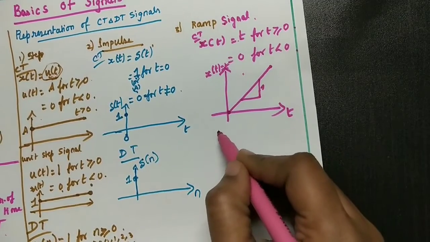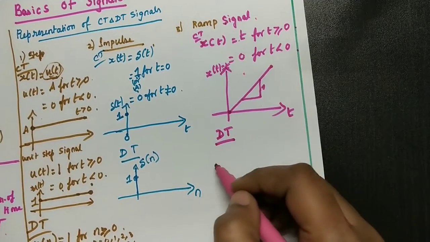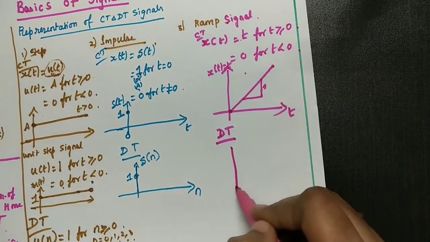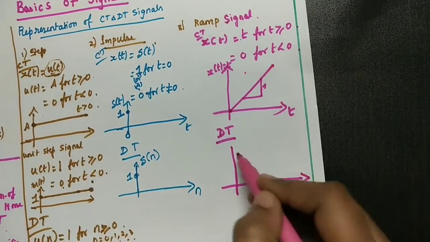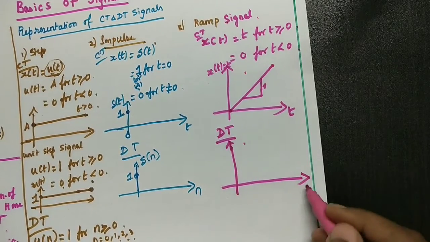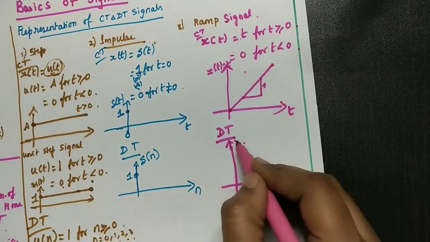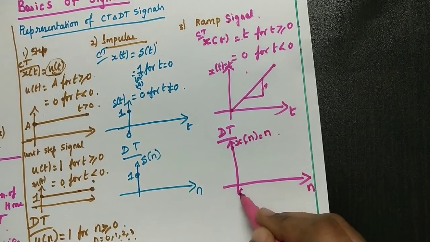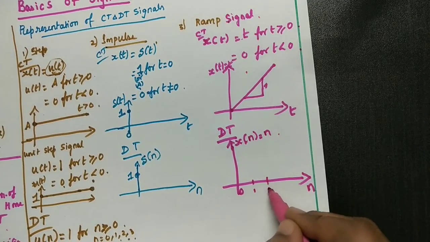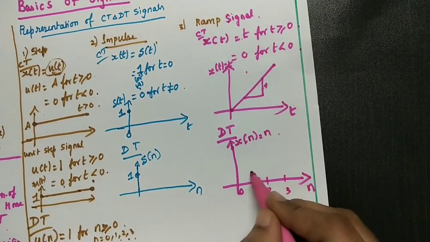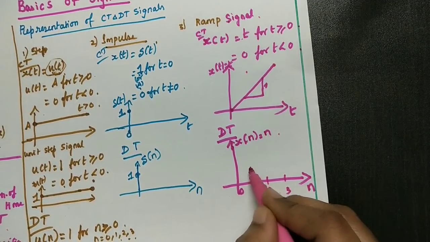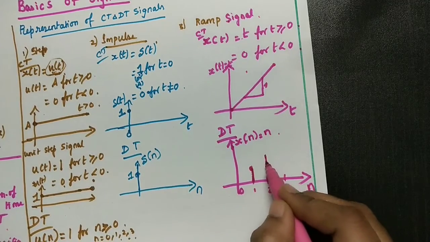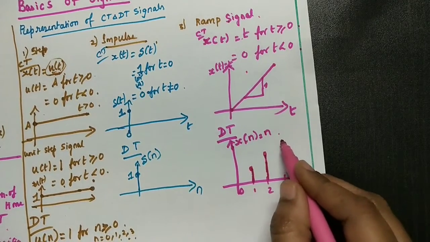In the DT signal, the discrete time signal, it will be defined at specific intervals of time. Consider this as n and this as x of n, that is equal to n. For the 0 time index, this is 1, 2, 3. The value will be increasing linearly at the specified intervals of time.